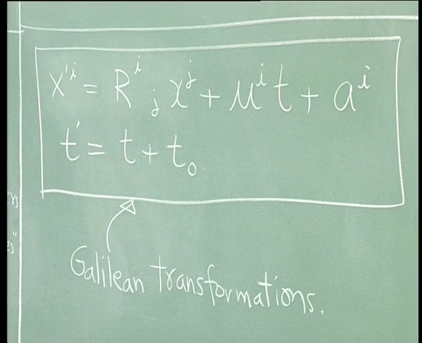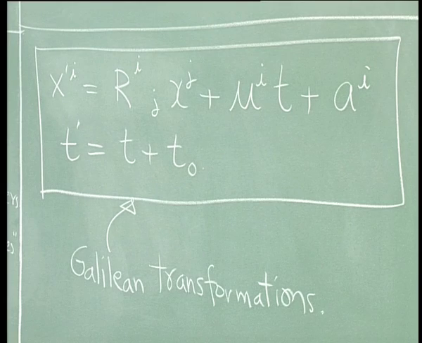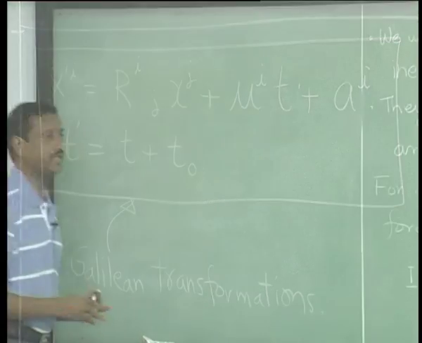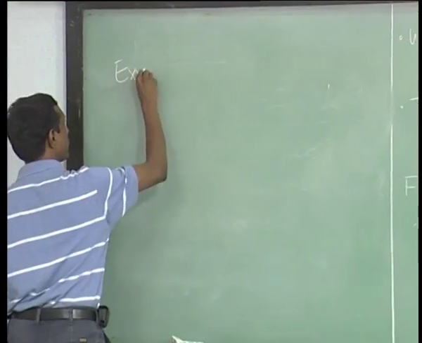So I will keep giving you exercises, and I expect you to go back and play with it, because that is the only way you can learn and understand these things. So the exercise is the following.